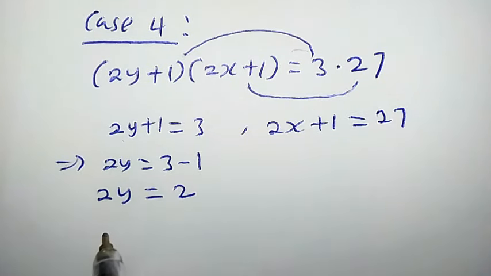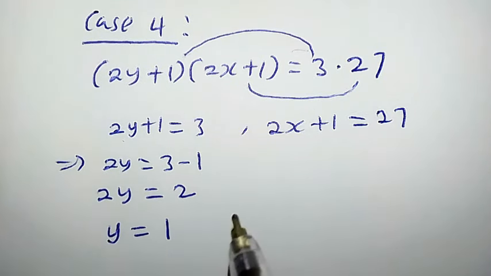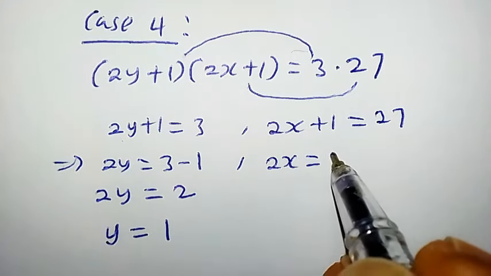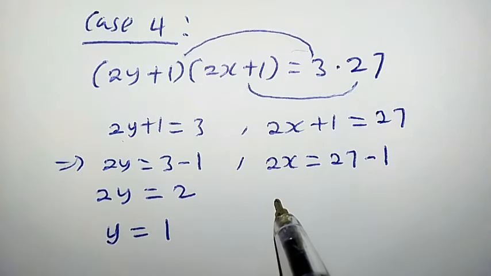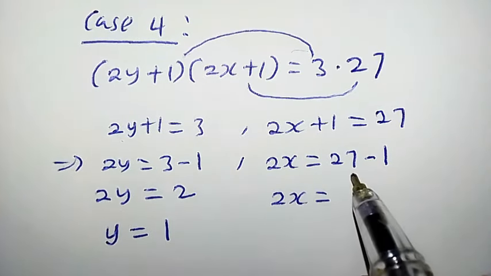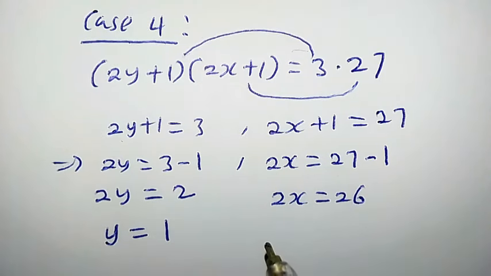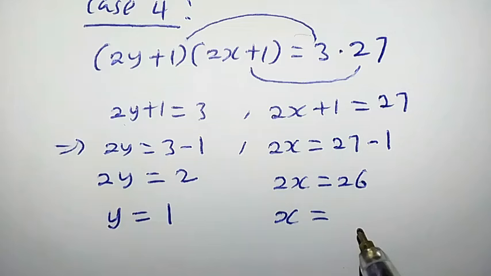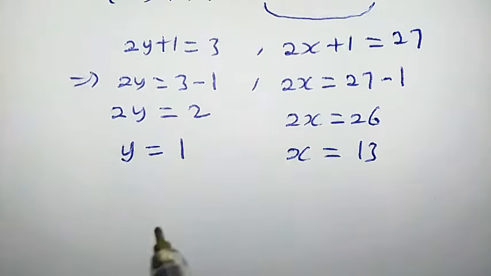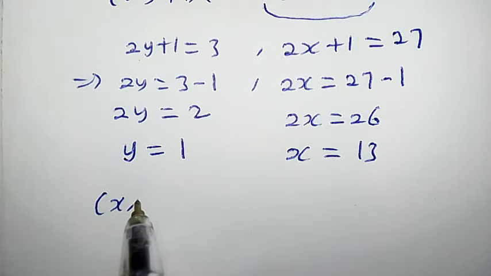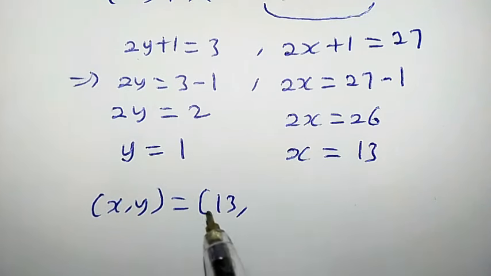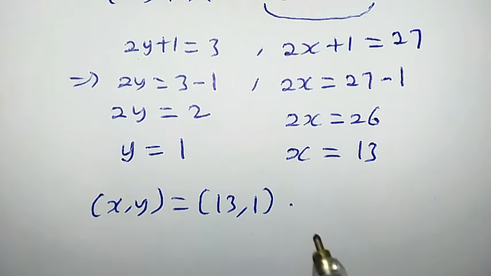Dividing both sides by 2, y is equal to 1. Likewise, 2x is equal to 27 minus 1. 2x is equal to 26. Dividing both sides by 2, we have x equal to 13. So our fourth solution, x comma y, is equal to x is 13, y is 1. This is the fourth solution.